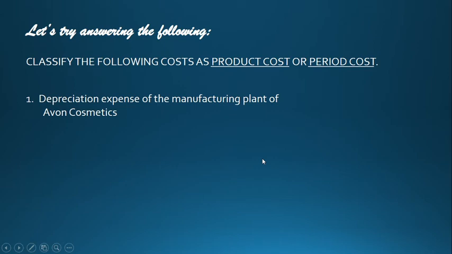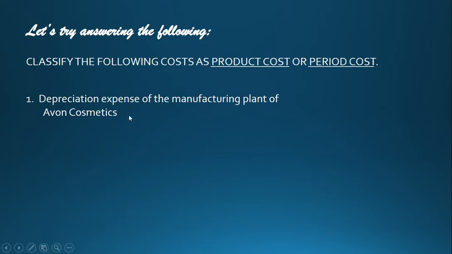Next slide. So let's try answering the following. The direction is to classify the following costs as product costs or period cost. So number 1, depreciation expense of the manufacturing plant of Avon Cosmetics. So depreciation expense of manufacturing plant.